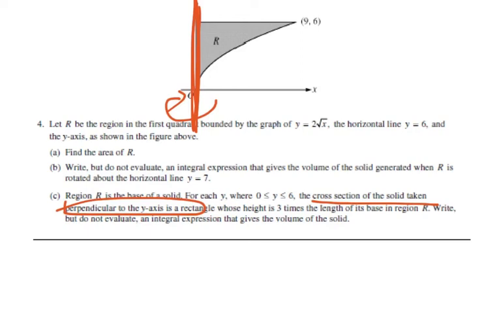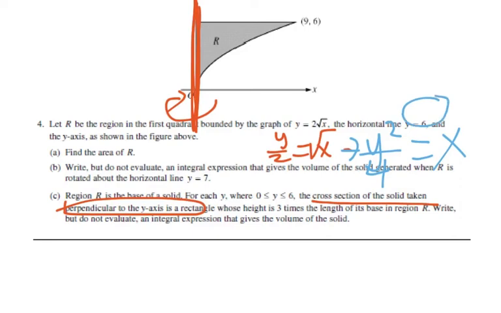If you solve this one for x, y over 2 is the root, so this gives you y squared over 4 equals x. For the second function, we don't need to solve for x because it's just y equals 6. Since this is perpendicular to the y-axis, we need to solve for x, so our expression should be in y terms.